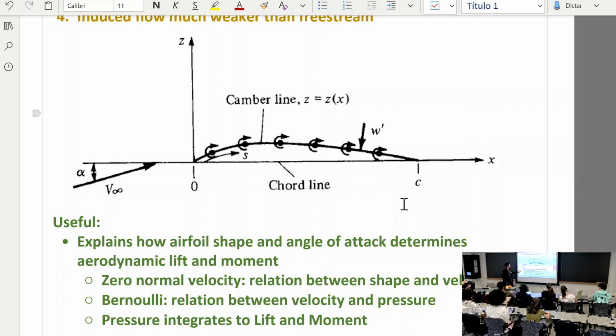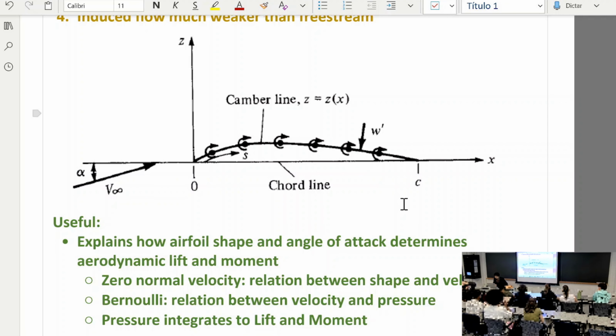Once you have the velocity, you use Bernoulli to get the pressure, right? You have the pressure on top and on bottom, and then the pressure integrates to lift and moment. So by these 3 steps, you go from the shape, or any change in the shape, to a change in the lift and moment. So that's how thin airfoil theory works.